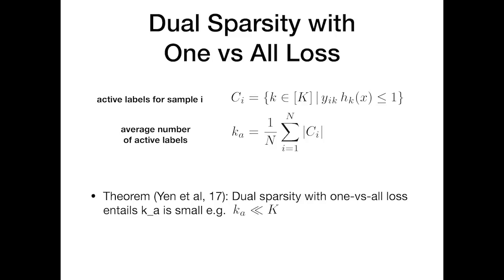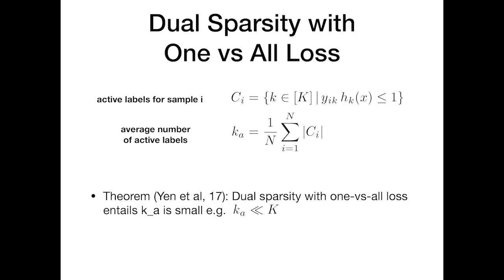So think of this hk as a linear function, a hyperplane, right? It's the set of all labels such that for the hyperplane corresponding to that label, this sample would have fallen within the margin. Algebraically, it's just yik times hk is less than or equal to 1. But geometrically, that's what it means. Like in an SVM, you have some samples that are going to fall within the two margin hyperplanes.